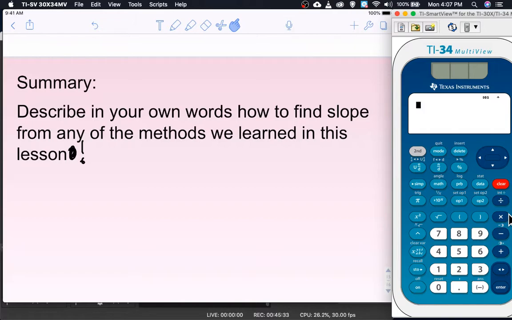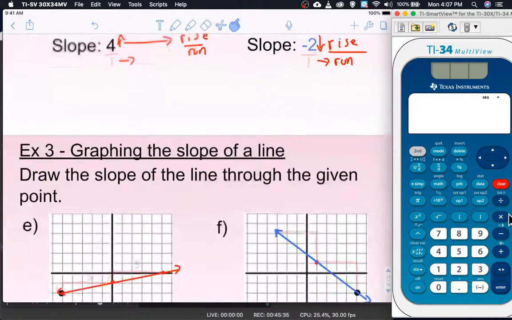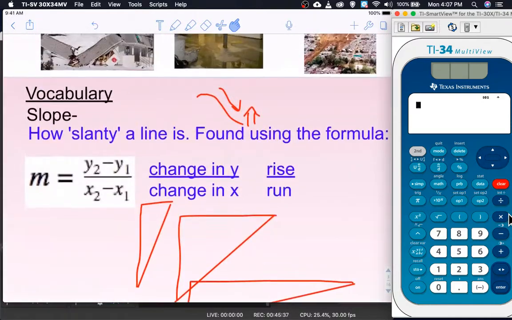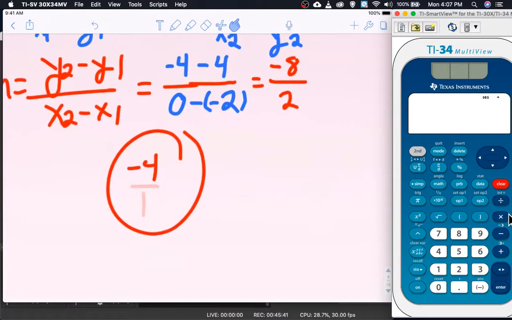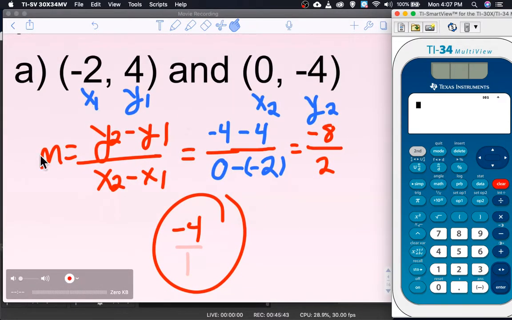All right, so I'm actually going to scroll up here. Instead of writing out words, I'm going to show. So, to find the slope from 2 points, we used our slope formula. This is the slope formula. We labeled our points x1, y1, x2, y2, meaning the x and the y value of the first point, the x and the y value of the second point.